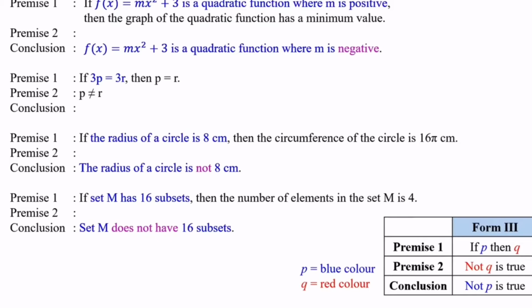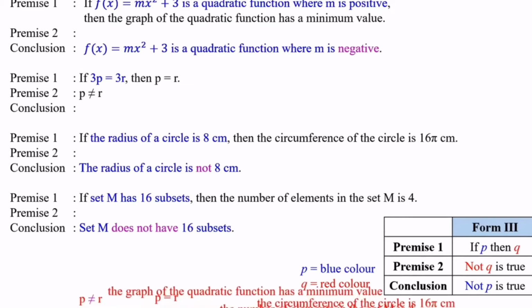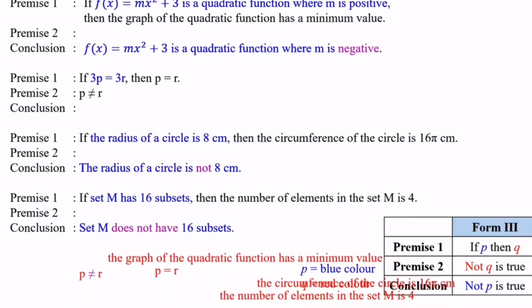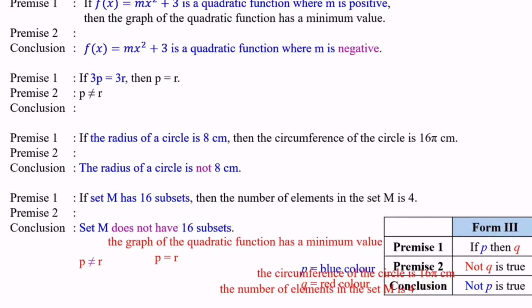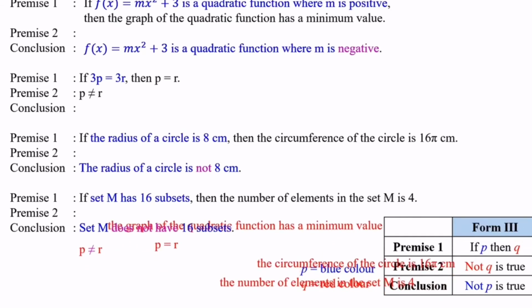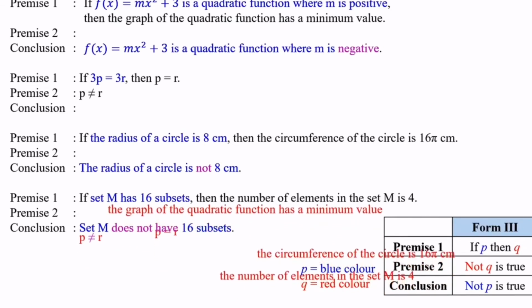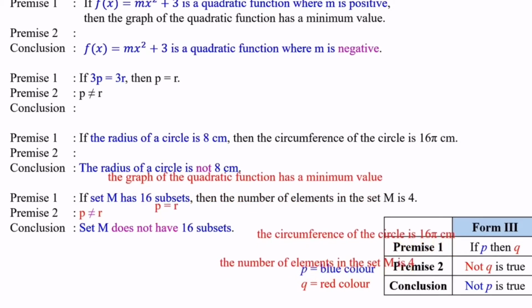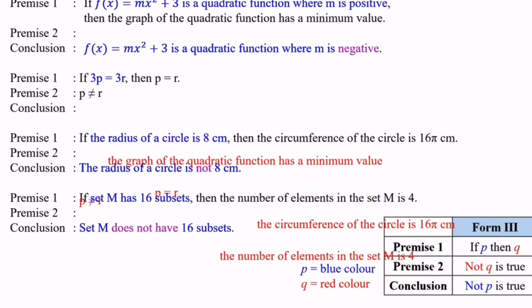Please observe the conclusion: f(x) equal to mx squared plus 3 is a quadratic function where m is negative. That means not P is true, negative compared to the one given, which is positive. So the conclusion is not P is true.